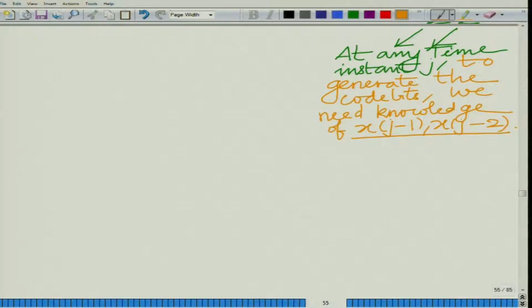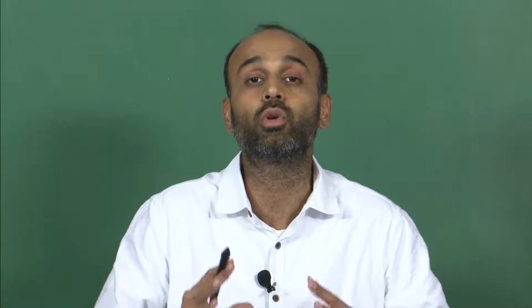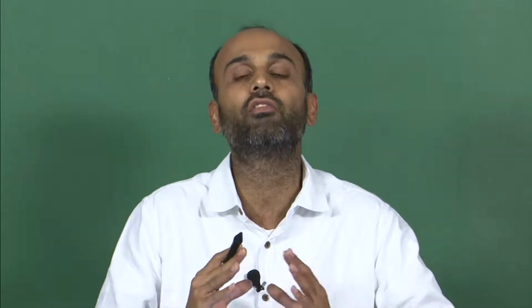Given xj minus 1 and xj minus 2, at time instant j, we don't need the knowledge of any other past information bits. So at any time instant j, the information bits xj minus 1 and xj minus 2 together of course with xj are needed, and only xj minus 1 and xj minus 2 from the past are needed to generate. We don't need, for instance, xj minus 3 or xj minus 4, etc.